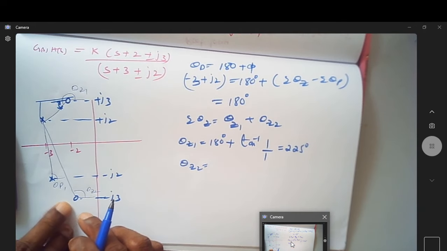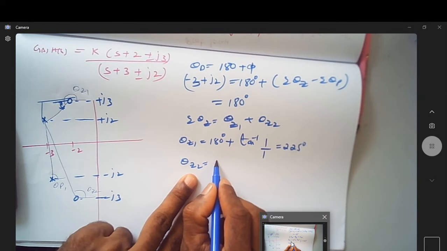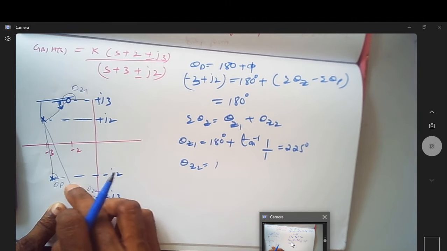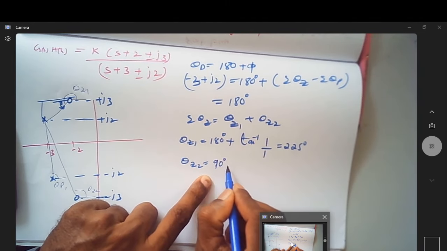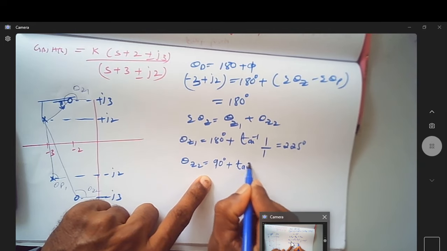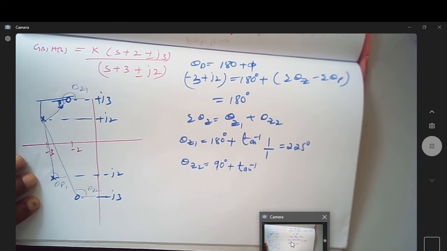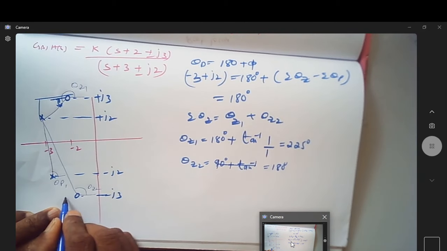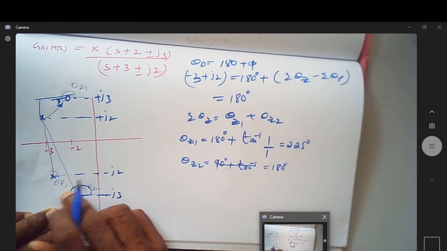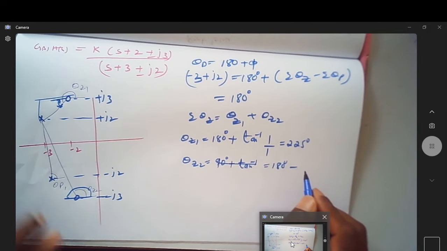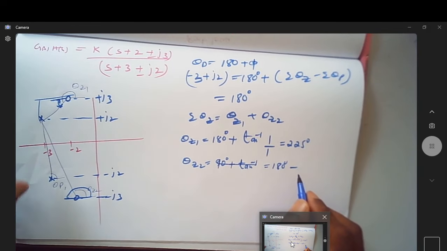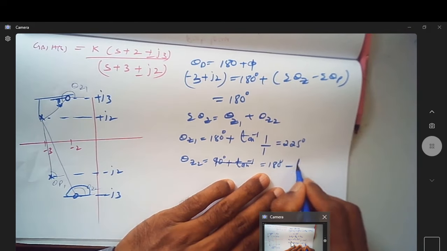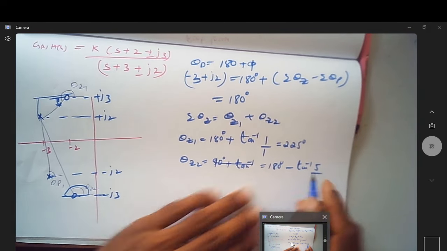How about theta z2? Theta z2 is actually 90 degree plus this value. So it is 90 degree plus tan inverse of, this is 180 degree minus this. From 3 to 2, the opposite is 5 and this distance is 1, so it is tan inverse of 5 by 1.